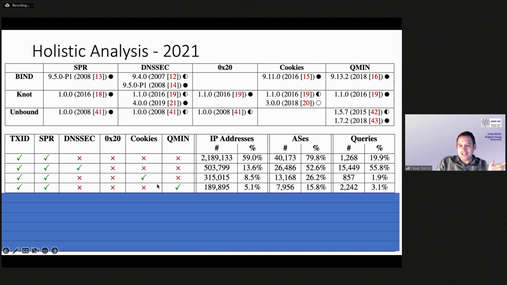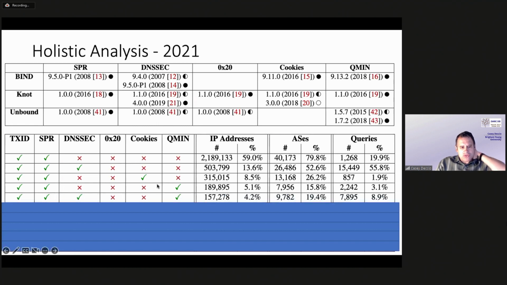Until we get to this one. This one might match Unbound if we look at the fact that the default as of 1.7.2 is to use QName minimization, and that 0x20 is not on by default, and DNS-OARC, depending on how you configure it, may or may not be on by default. That one could be. This represents about 5.1% of querying IP addresses and about 3% of queries.